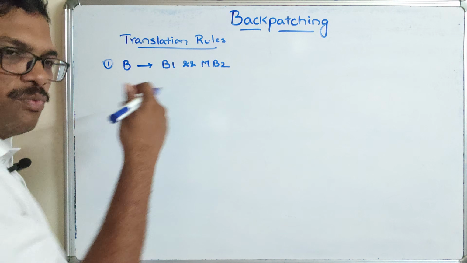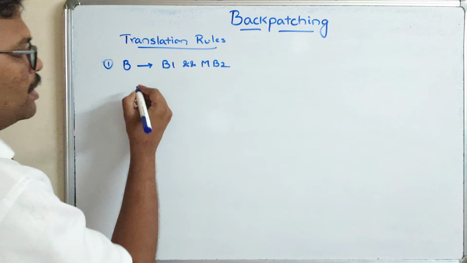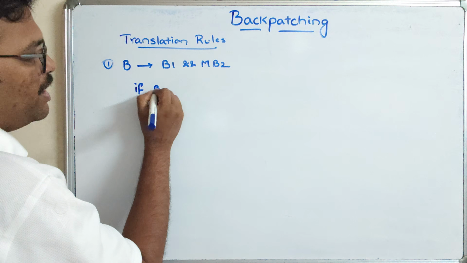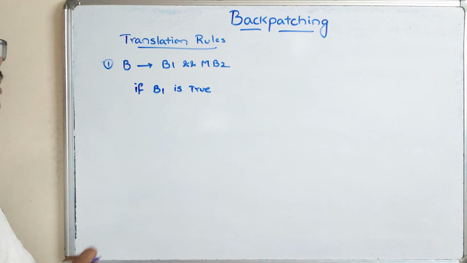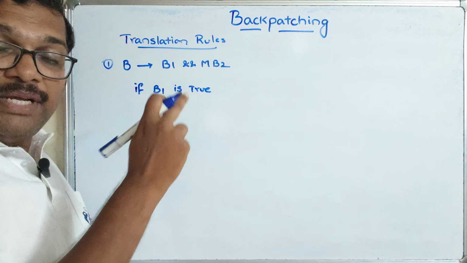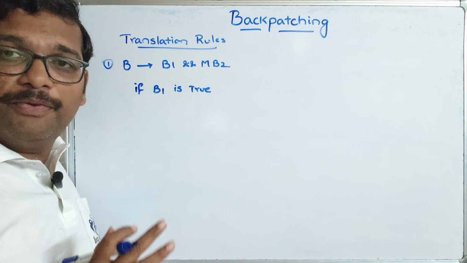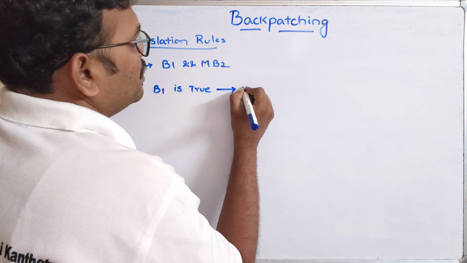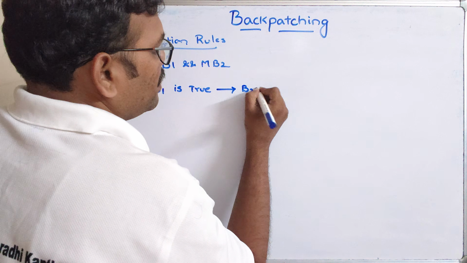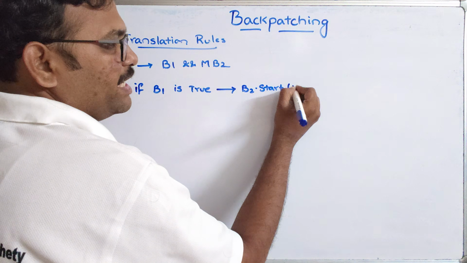For example, B1 is one conditional expression and B2 is another conditional expression. So this is an AND operation. AND operation means if any one of the inputs is false, the result will be false. So if B1 is true, then only B2 will be started. That is M.